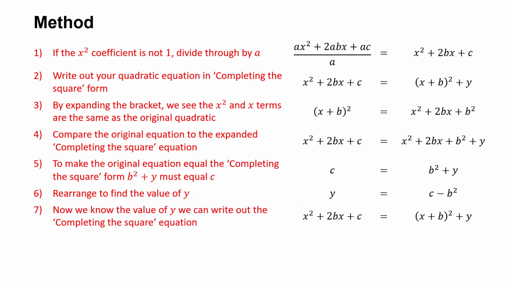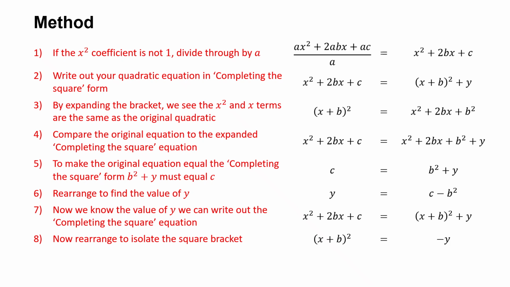So now that we've done this, we can write out the equation in the completing the square form with our value of y attached. For instance, if we found out that y was equal to 3, we'd have that x squared plus 2bx plus c equals x plus b squared plus 3.